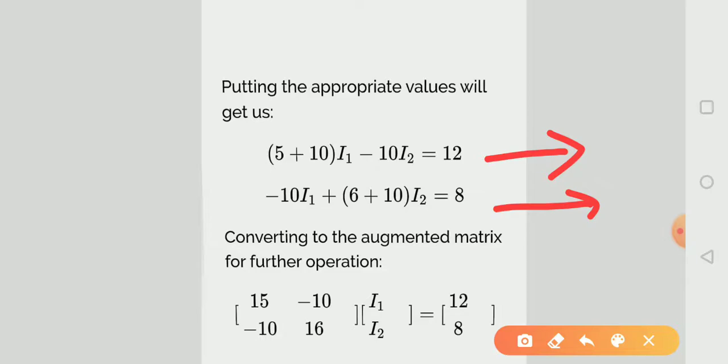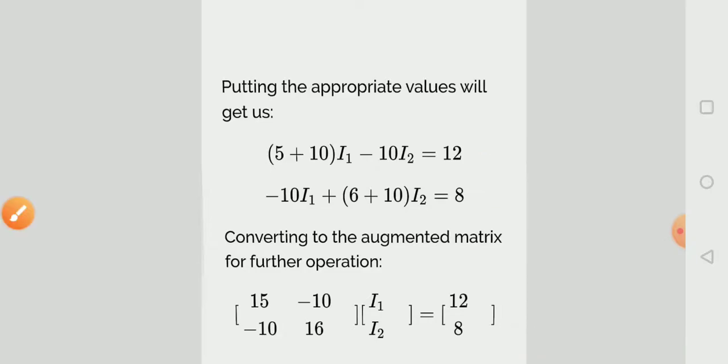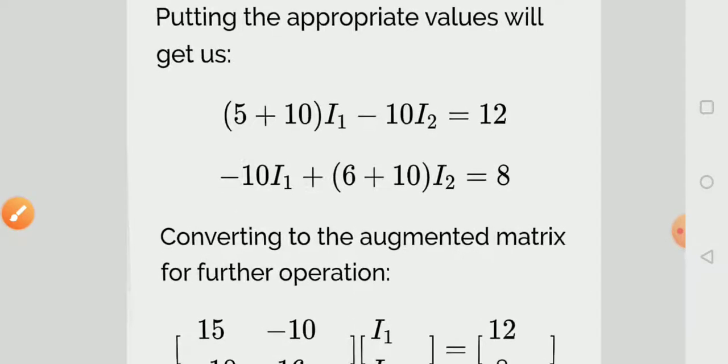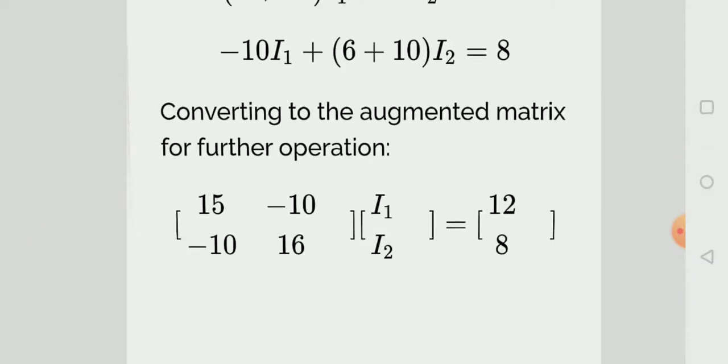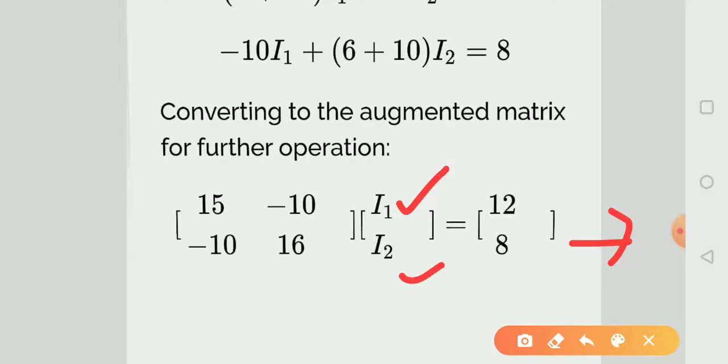Converting these equations into matrix form, we find two variables I1 and I2. So the matrix becomes like this.